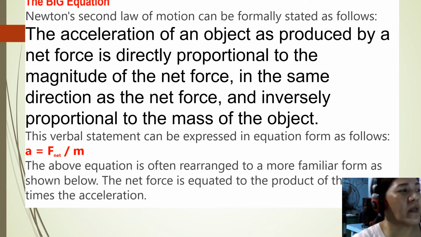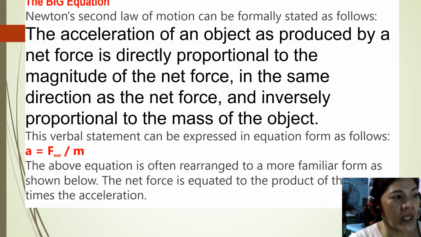Now, the big equation for the law of acceleration. Newton's second law of motion can be formally stated as follows. The acceleration of an object as produced by a net force is directly proportional to the magnitude of the net force, in the same direction as the net force, and inversely proportional to the mass of the object.